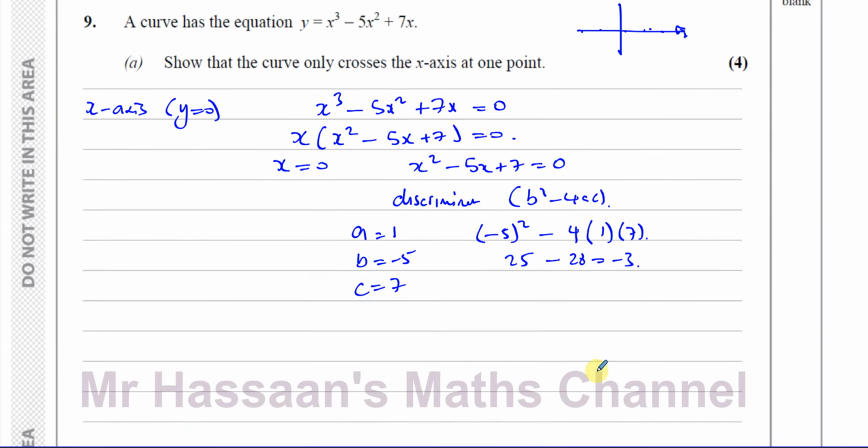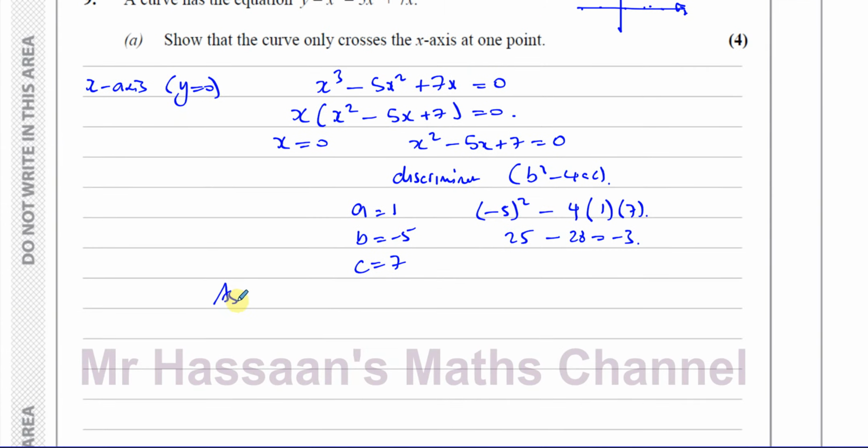So we can say that as b squared minus 4ac is less than 0, therefore there is no solution for this equation, x squared minus 5x plus 7 equals 0.